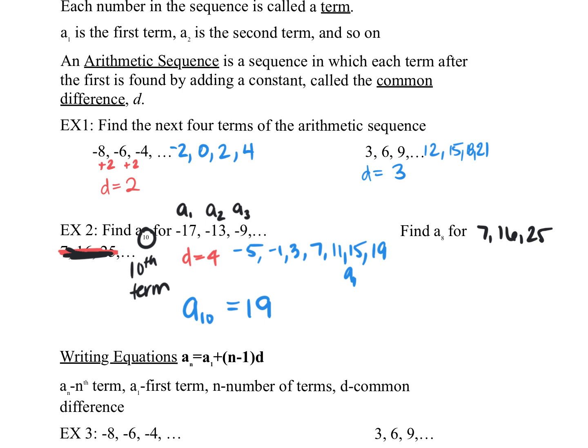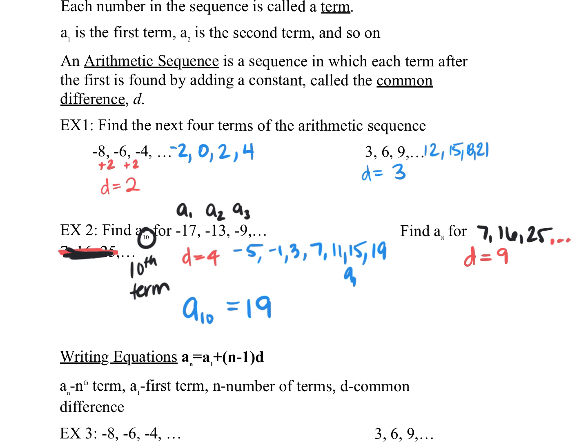Can you find A8 for the pattern 7, 16, 25? All right, so what is my pattern? What's my common difference here? Plus 9, right? So if it's getting bigger, we're adding, it's positive 9. If it's getting smaller, we're subtracting, it will be negative.